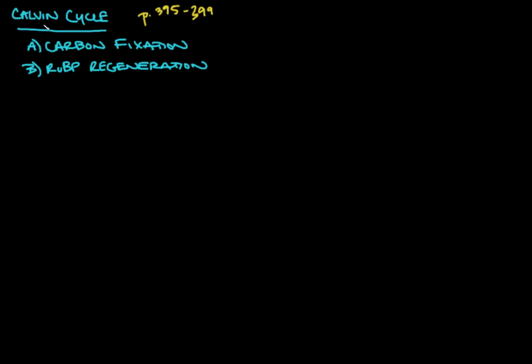So, again, this is in the light independent reaction, which happens in the stroma of a chloroplast. I'm not going to redraw that because I think you should already have that in your notes. But the Calvin cycle, or the carbon fixation, is a really important process.